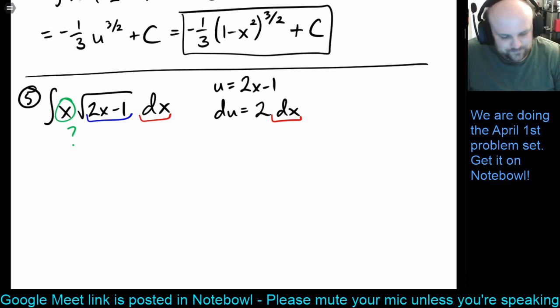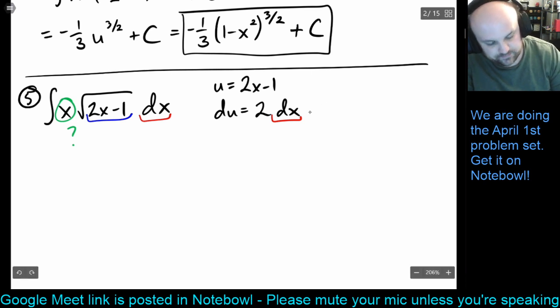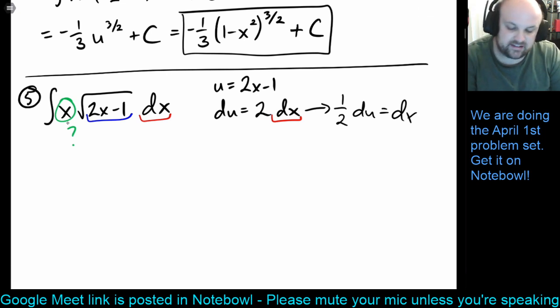So it kind of goes along the same lines of how we've been dealing with these extra constants in front of the dx. Right, so here, we only have dx, so we have to get this 2 out of there. But here I have an extra x that I need to turn into u's.